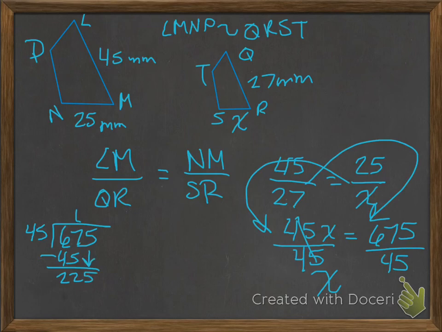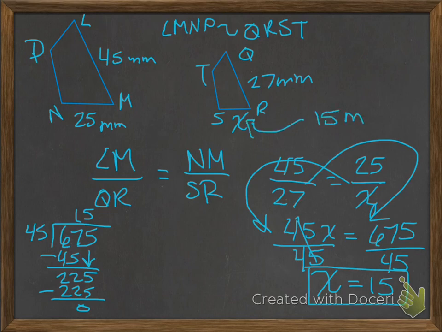And 45 goes into 225 5 times, and that goes in evenly. So x equals 15. You can look, x right here equals 15 millimeters. And we always have our units, can't forget those.